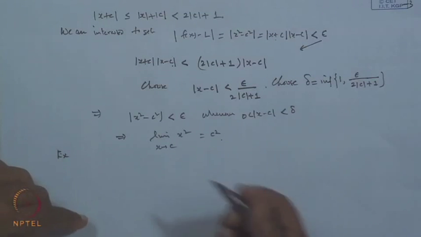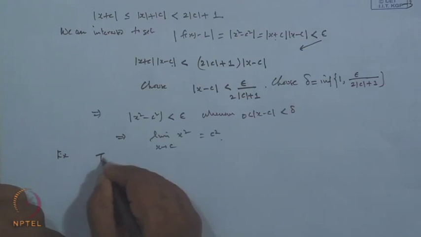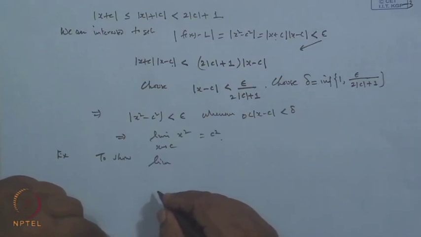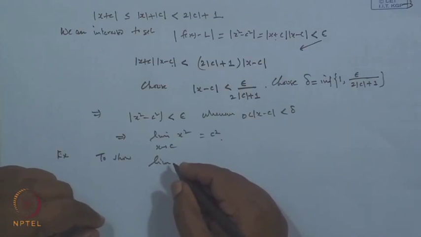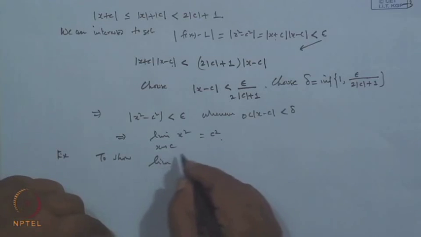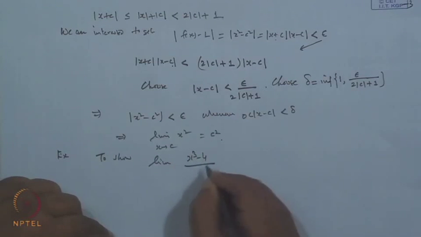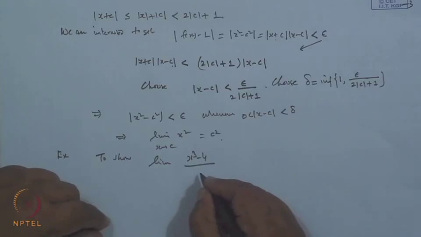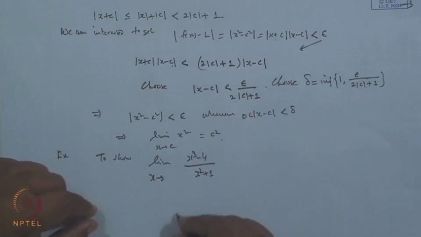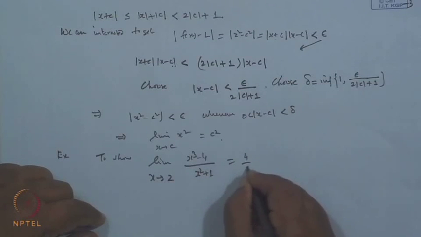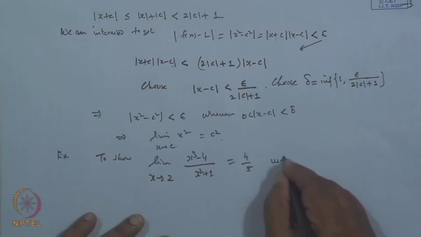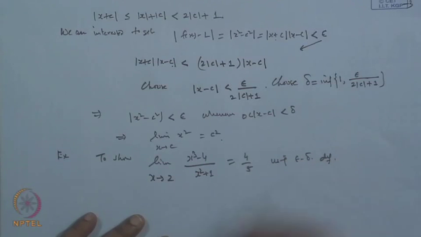Suppose I am asked to show the limit of (x cube minus 4) divided by (x square plus 1) when x tends to 2 is 4 by 5. Suppose we are interested in showing this using the epsilon delta definition.